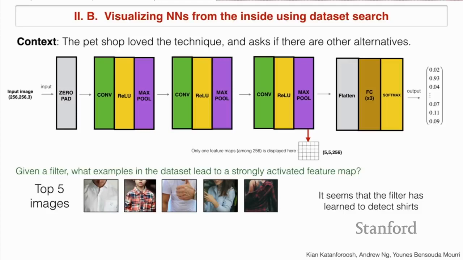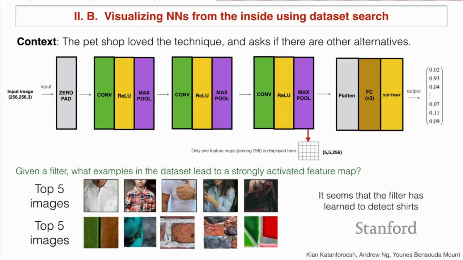Let's say we take the second feature map and we look at which data points have maximized the activations of this feature map out of a lot of data. And we see that this is what we got, the top 5 images. Probably means that the other feature map seems to be activated when seeing edges. So the second one is much more likely to appear earlier in the network, obviously, than later on.